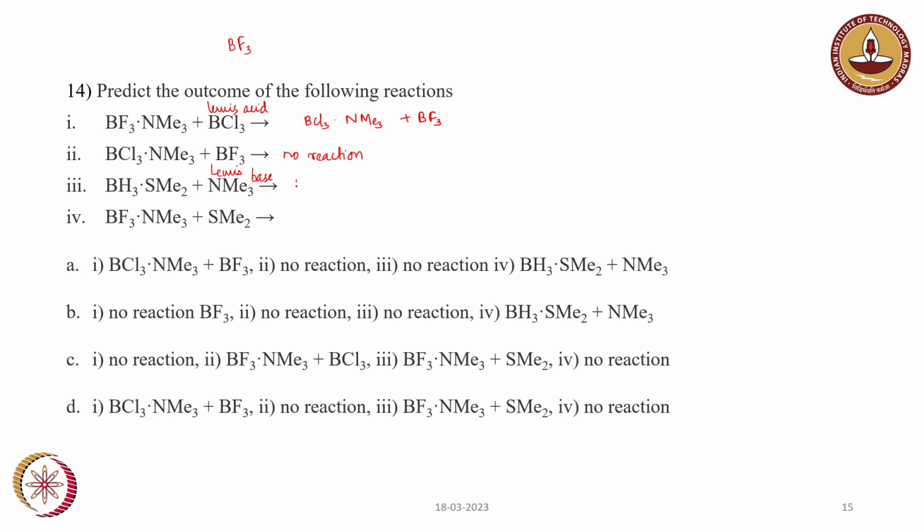So that will give BH3·NMe3 plus SMe2. And here BF3·NMe3, a strong Lewis base adduct, is reacted with SMe2, which is a weak Lewis base. So the reaction will not proceed. So there is no product formation.